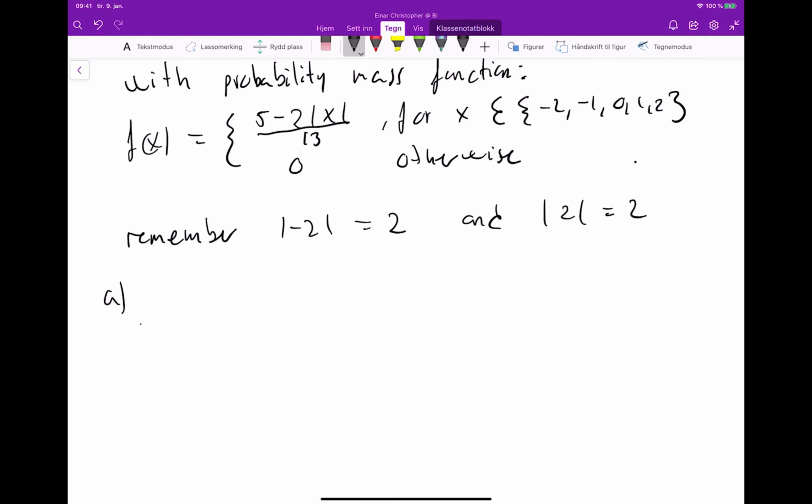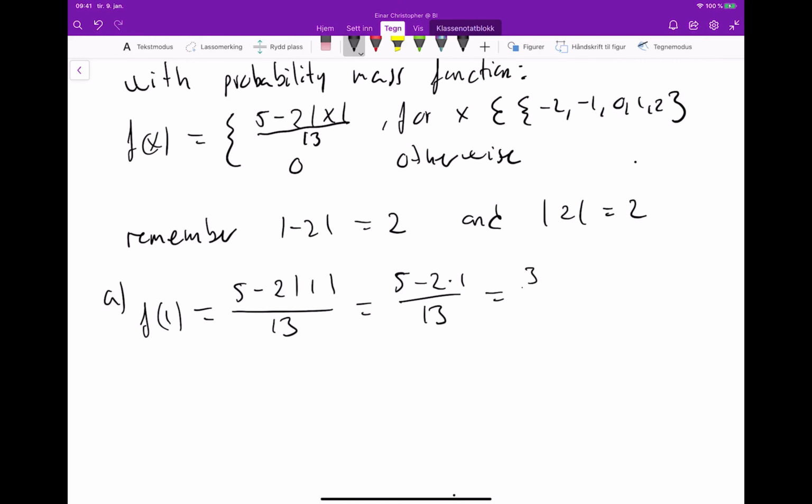So let's calculate f of 1. That is 5 minus 2 absolute value 1 divided on 13. This is nothing else but 5 minus 2 times 1 divided on 13, which is 5 minus 2 is 3 divided on 13.